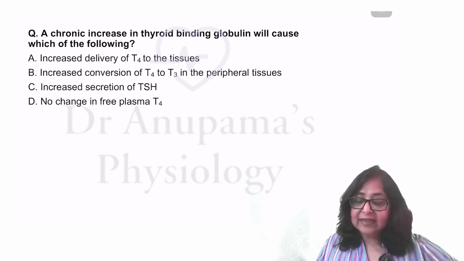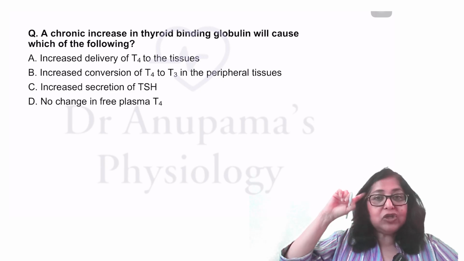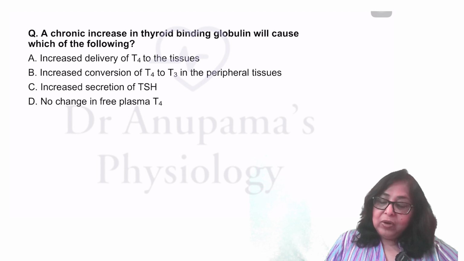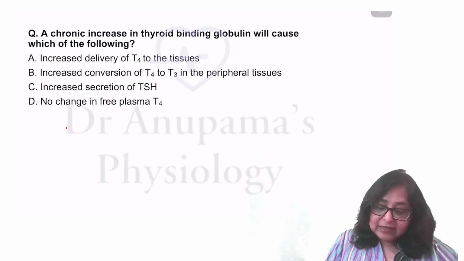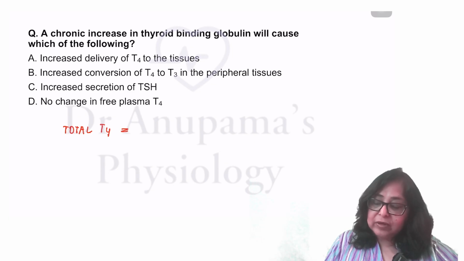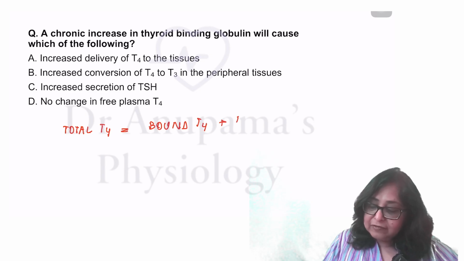A chronic increase in thyroid binding globulin will cause which of the following? So when I look at the total T4, it is equal to the bound T4 plus the free T4.